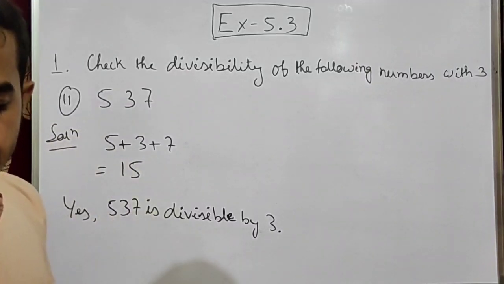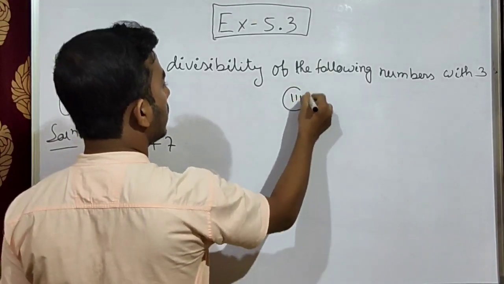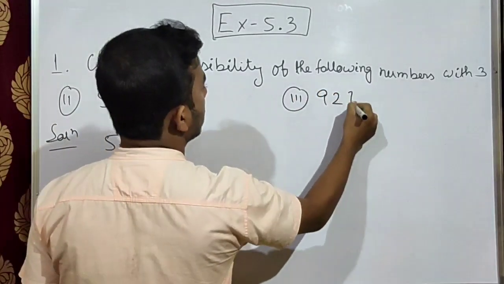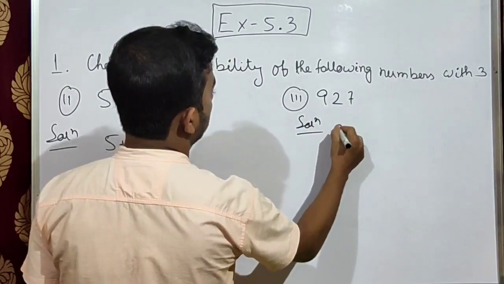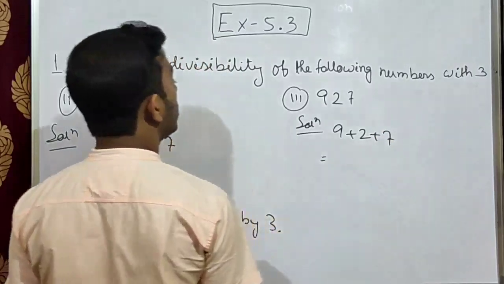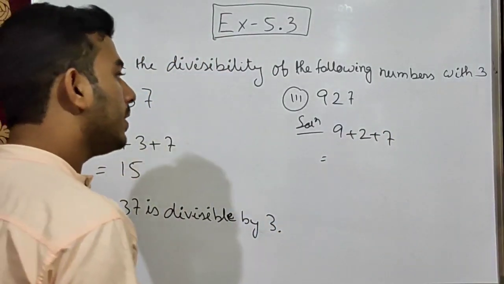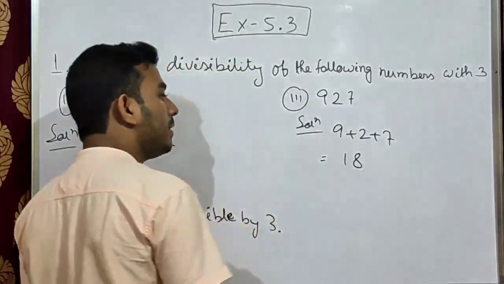Our next number is 927. So, we write solution. Then 9 plus 2 plus 7. 9 plus 2 is 11. 11 plus 7 is 18. Now, is 18 divisible by 3?